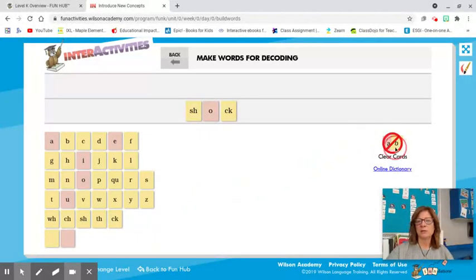Let's clear the cards. And I want you to build the word neck. Neck. This is my neck. You're going to tap it out. N, eh, k. So, yep, I hope you pulled an N. And then we need the eh sound. Again, we're going to need a vowel in the middle of our word.